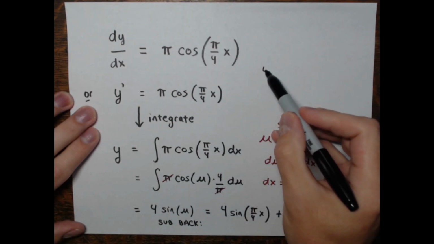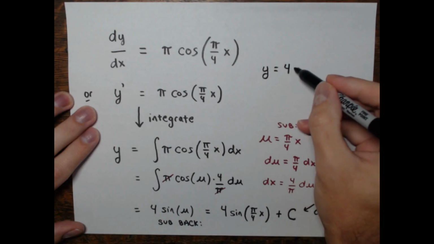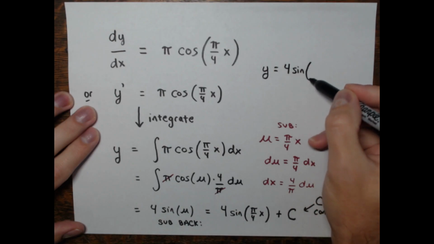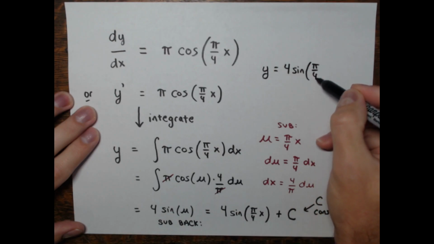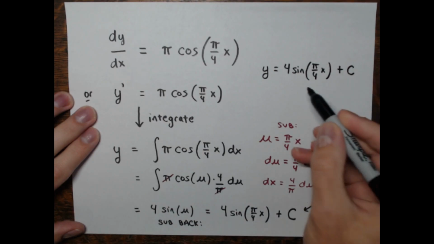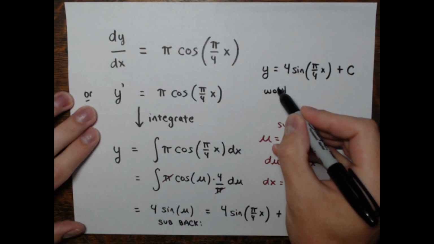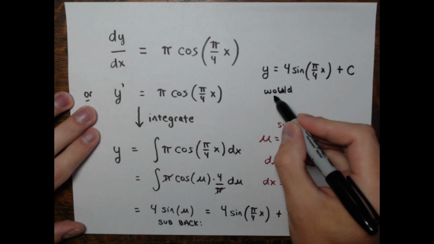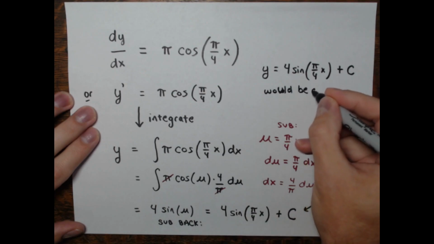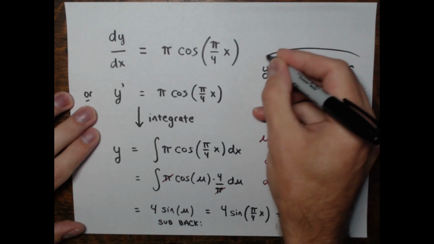So there we go. Y equals 4 times the sine of pi over 4 times x, plus any constant, would be a solution of this differential equation.